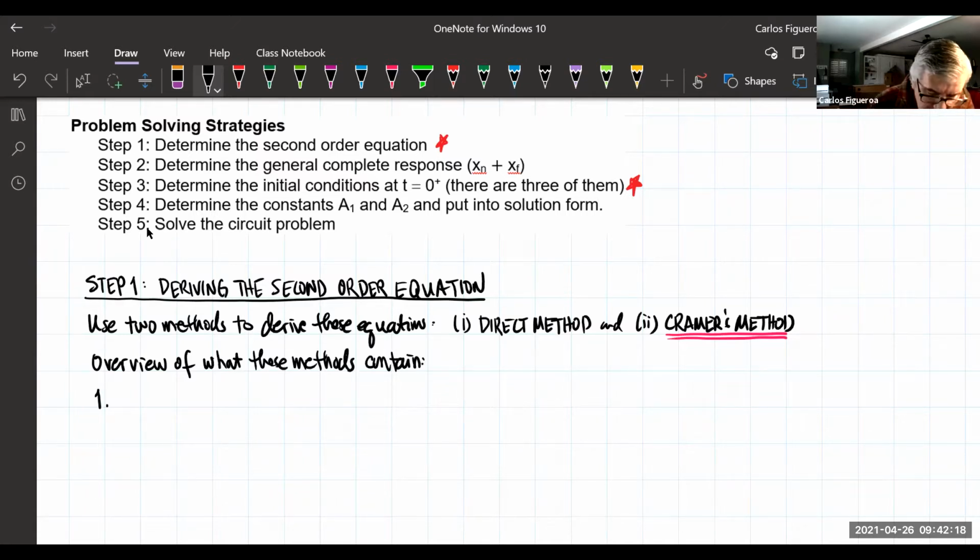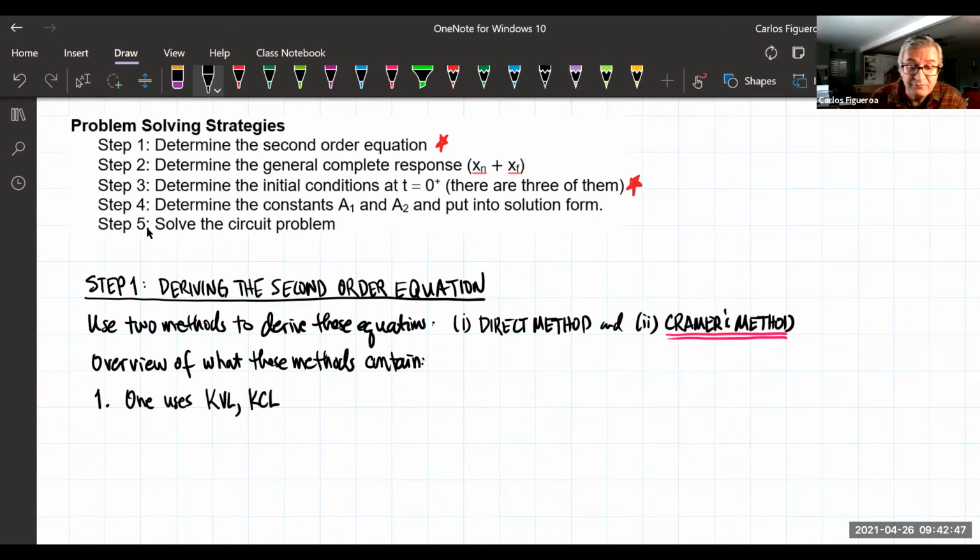So the first thing we should look at is that one uses KVL and KCL. And usually it's really a KVL and a KCL. Sometimes it's two KCLs. Sometimes it's two KVLs.